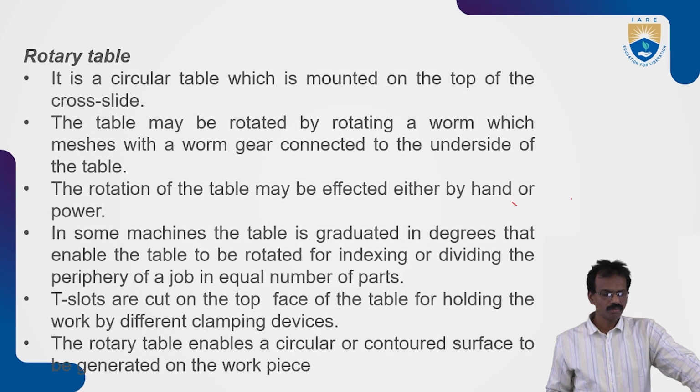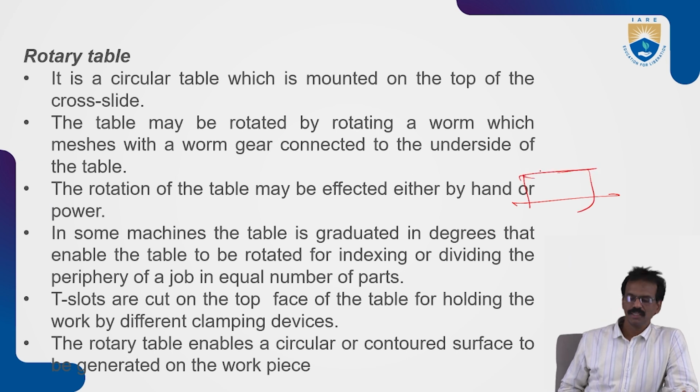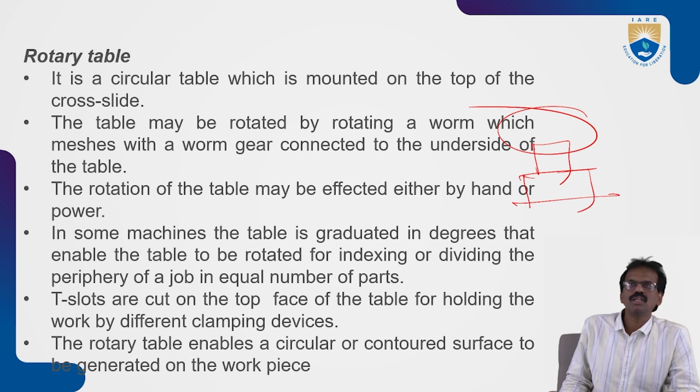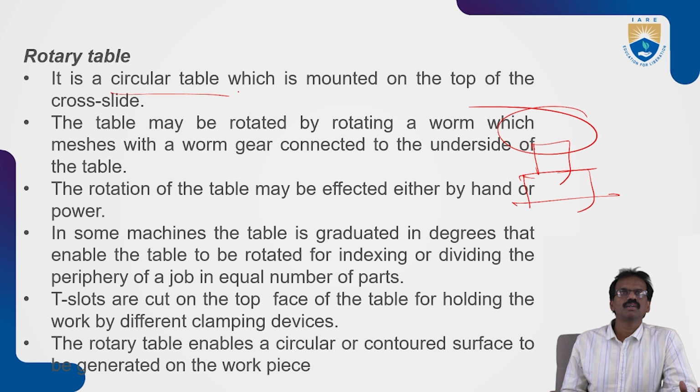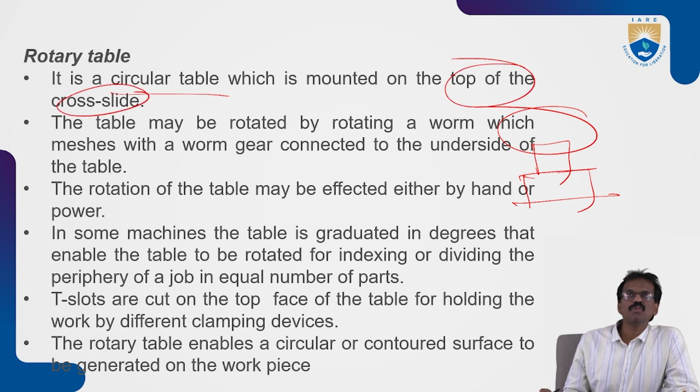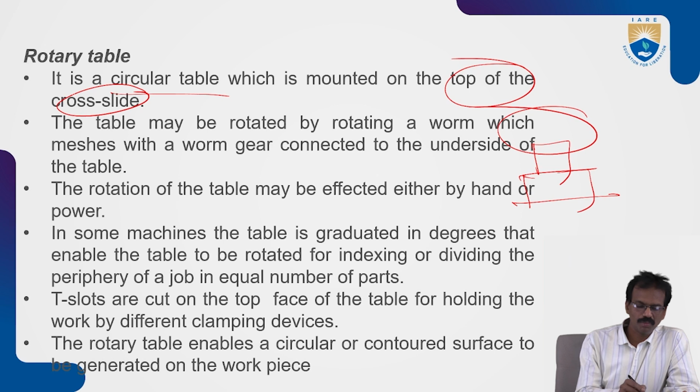So we'll see that one. The rotary table is very important. On the base, the saddle is there, on the saddle the cross slide is there, and on the cross slide there is a rotary table. It is a circular table which is mounted on the top of the cross slide.